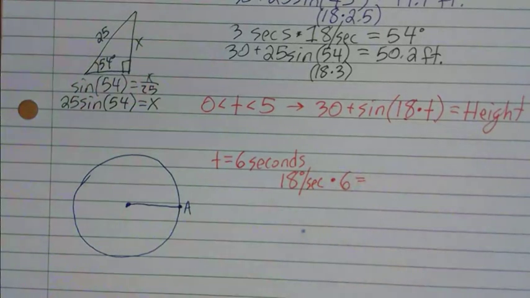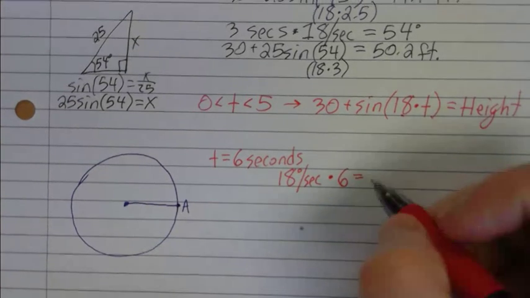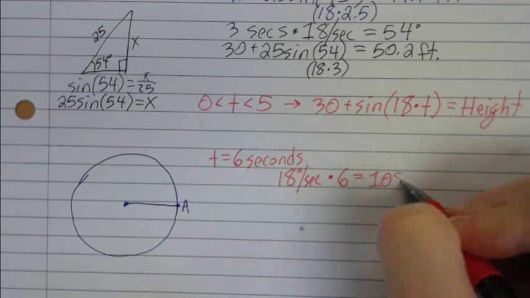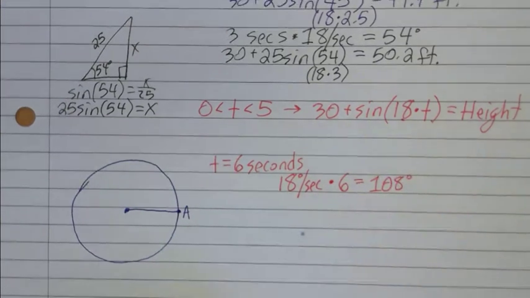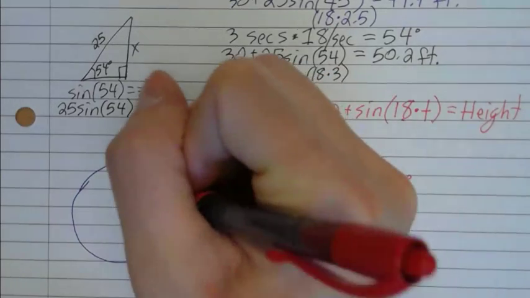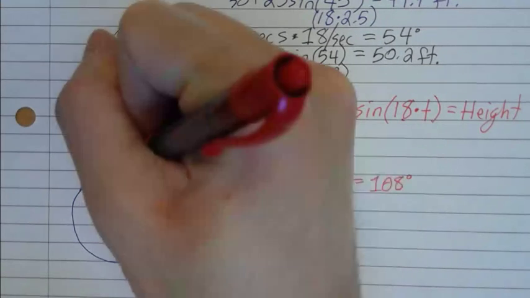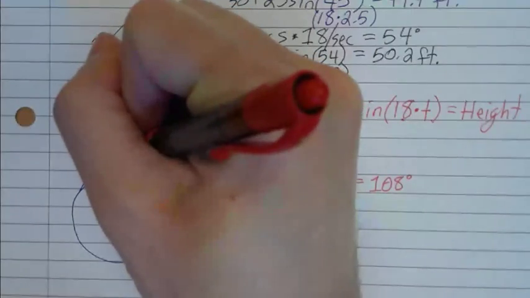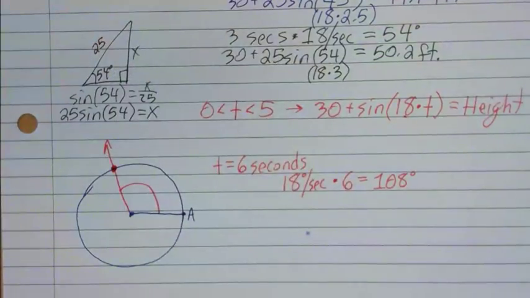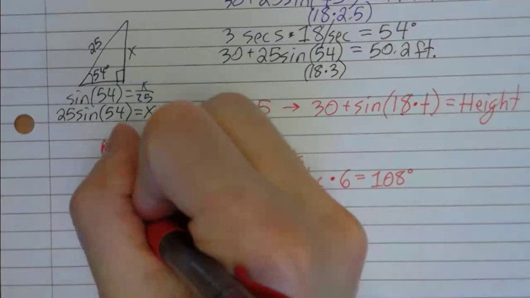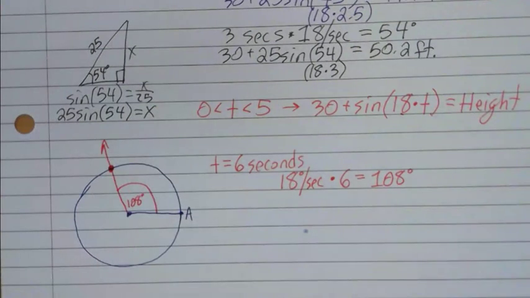So that would be 6 times 18 equaling 108 degrees into the circle. So 108 degrees would be somewhere just past 90, maybe along that region. So that red point right there, that is 108 degrees.